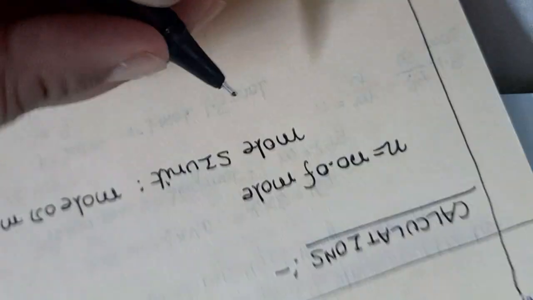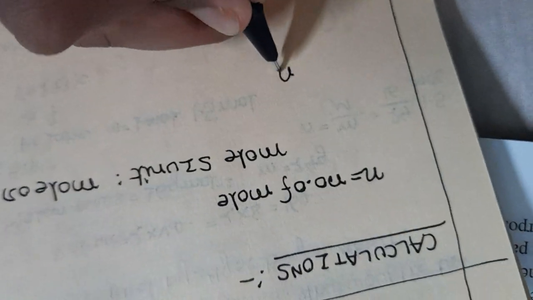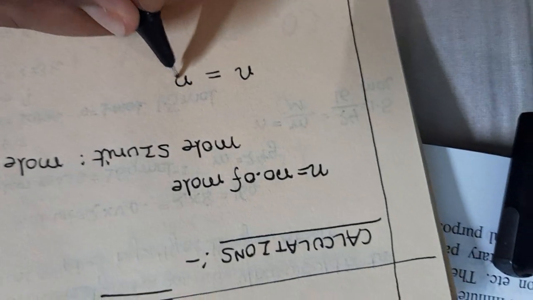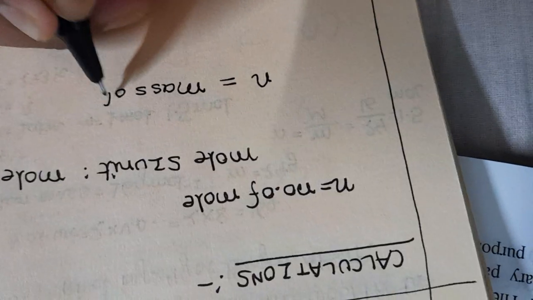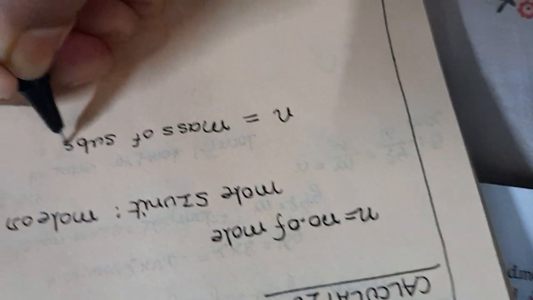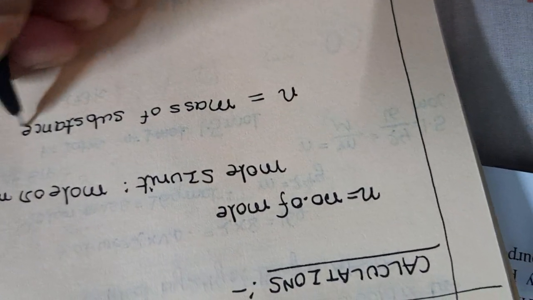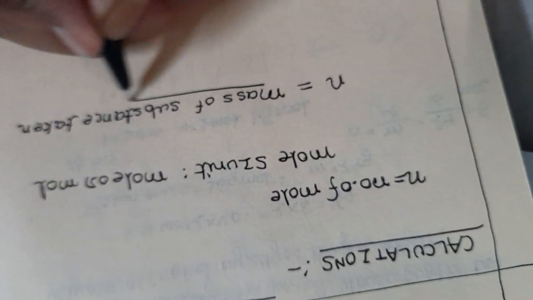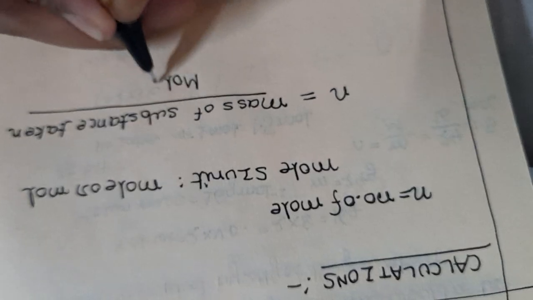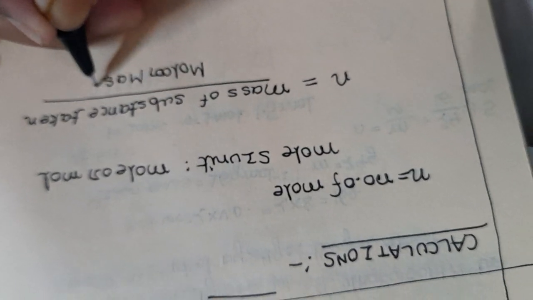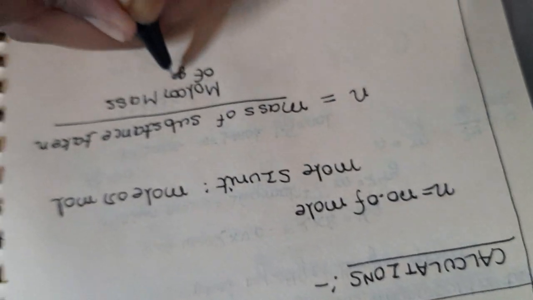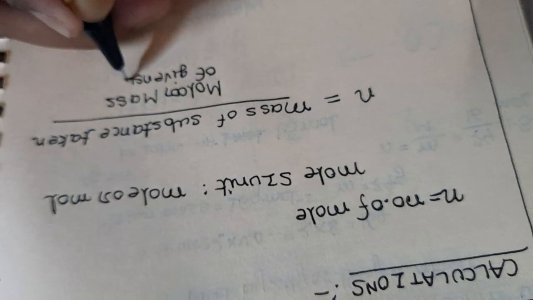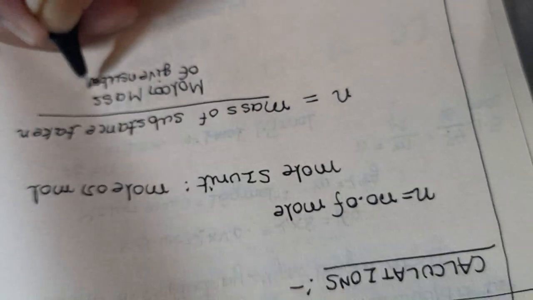Now to calculate number of moles, there is a formula: small n equals the mass of substance taken divided by the molar mass of the given substance.